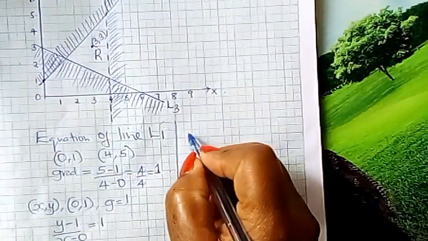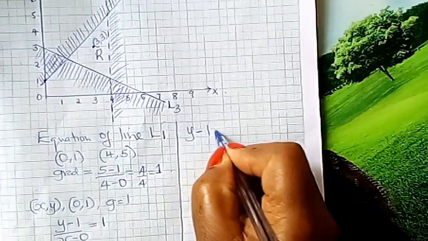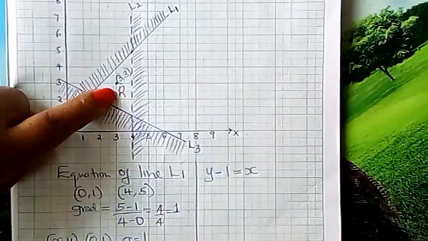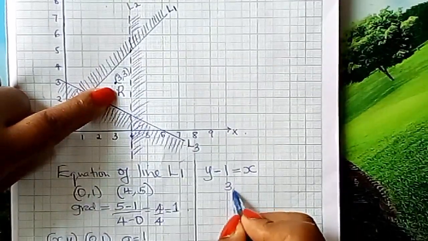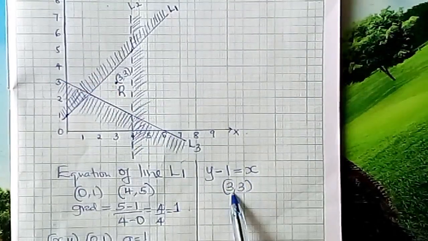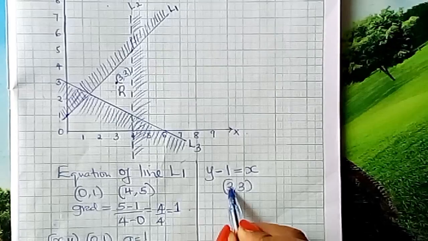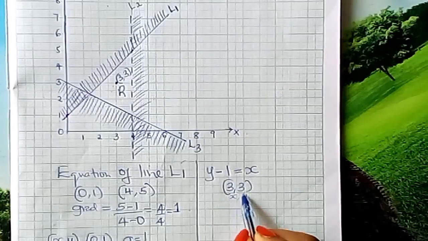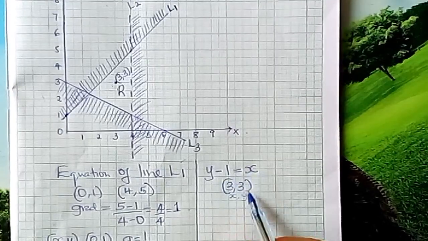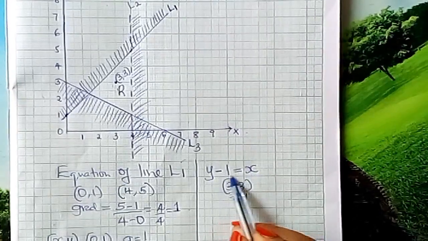So you come and write the equation of your line, like that, learner. We have picked a point 3, 3 inside the region. So what do you do with this point? We know that this is the x coordinate and this is the y coordinate. Substitute the x and the y in your equation here.